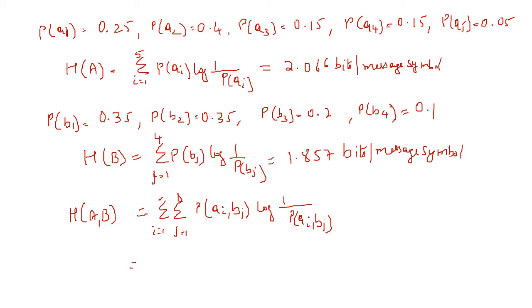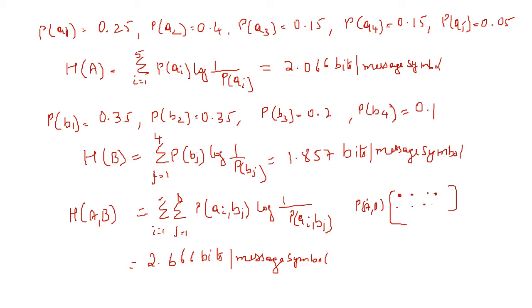Finally you get H of A comma B equal to 2.666 bits per message symbol.